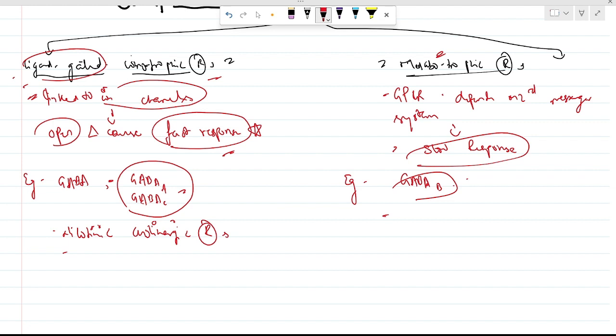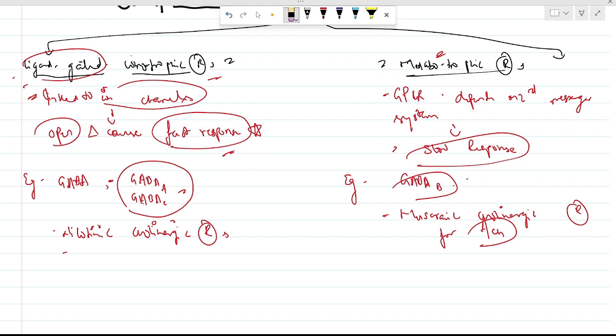Here we have seen nicotinic cholinergic receptors, which are associated with ion channels. Here we have muscarinic cholinergic receptors for acetylcholine. Acetylcholine, an important neurotransmitter.